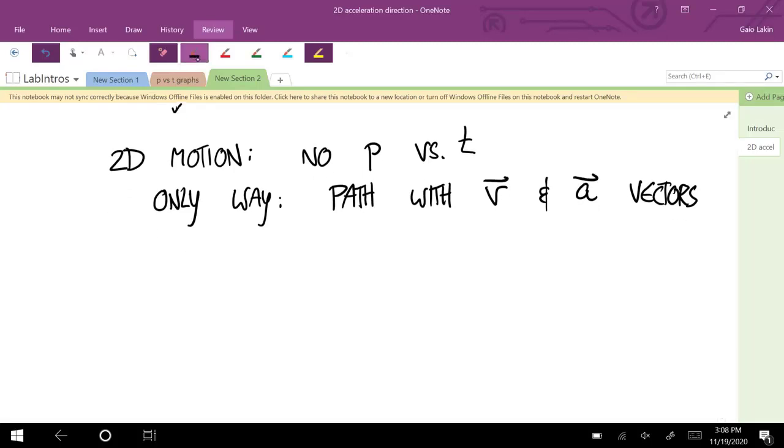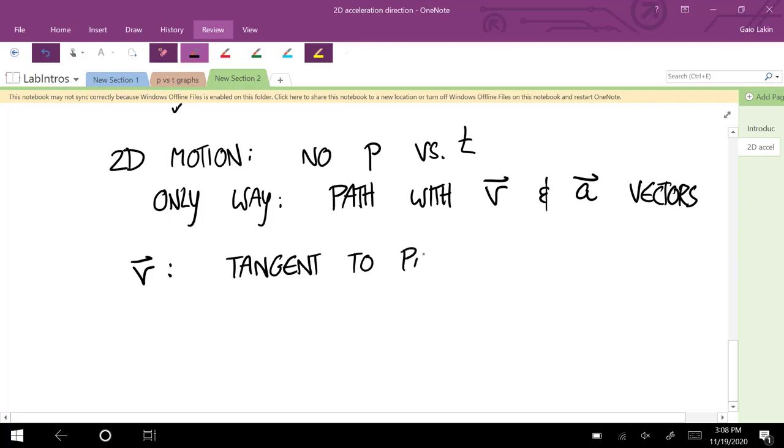Okay, so let's talk about the kind of vectors that we're going to see on this type of picture. So first is the velocity vector. What do we know about the velocity vector? Well, it's going to be tangent to the path, in the direction of the motion.